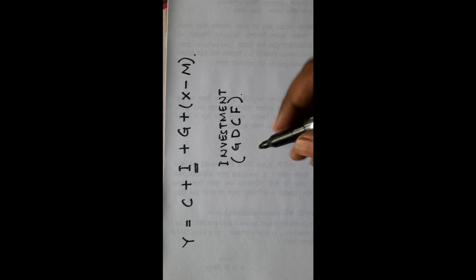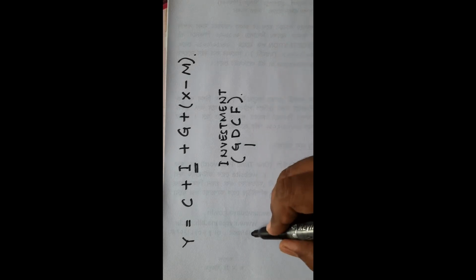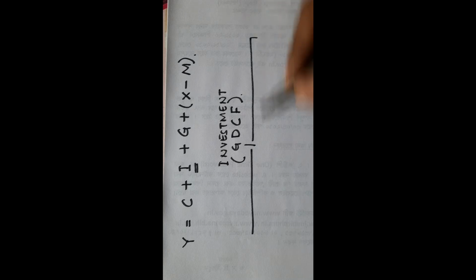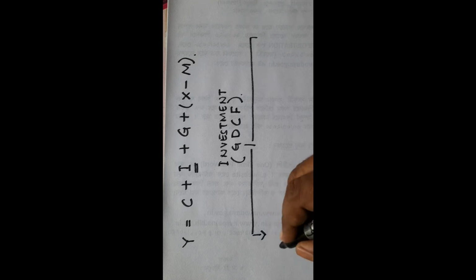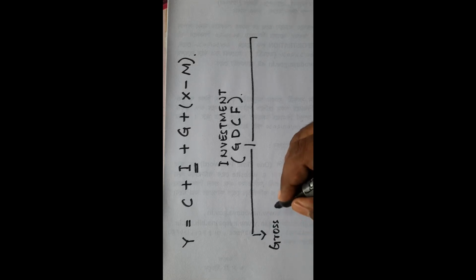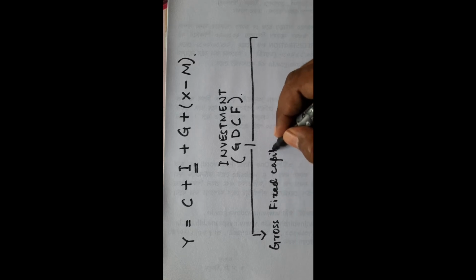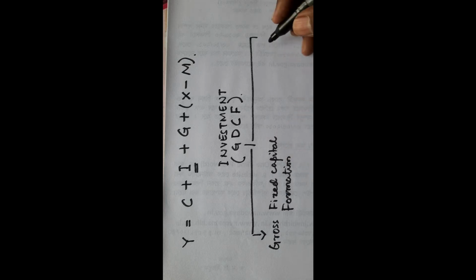Now this value of gross domestic capital formation can be broken down into two components. Number one is gross fixed capital formation, and the second part is inventory investment.